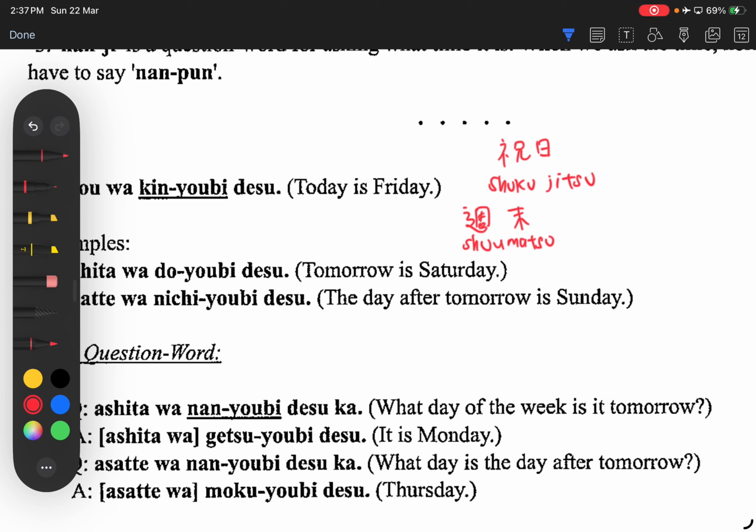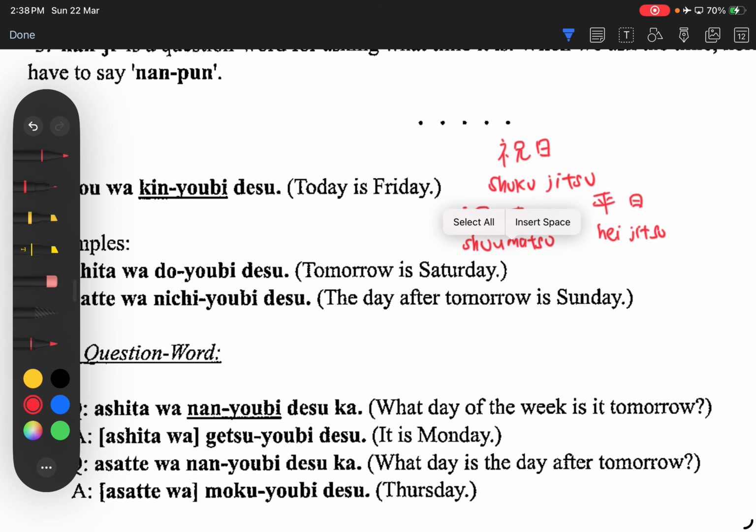So this is weekend. Then of course we also have weekday. Weekday is called 平日, which literally means normal day, ordinary day. So these 3 might be useful to you: public holiday, weekends, and weekdays.